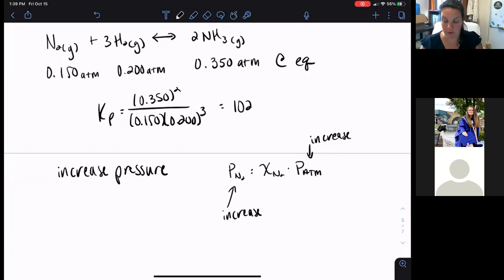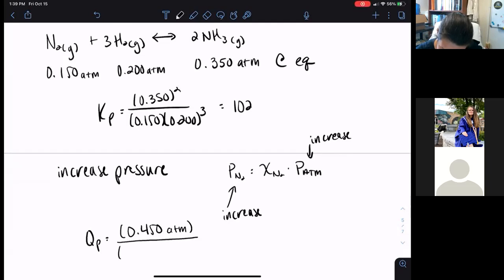So all of these species are going to go up in partial pressure. So here we're going to have 0.450 atmospheres, 0.200 atmospheres, and then 0.350 atmospheres. This will be cubed and squared.